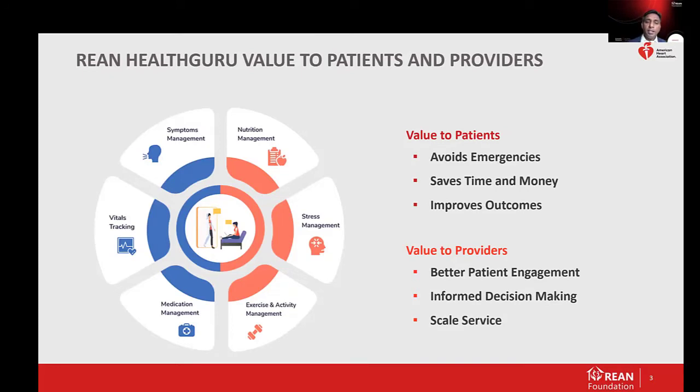So the idea is how can we focus on these pillars: nutrition management, stress management, and exercise management. These are obviously important, whether you have any health condition or not. But if you do have a health condition, then how do we make it easier for medication management, vitals management, and symptoms management?